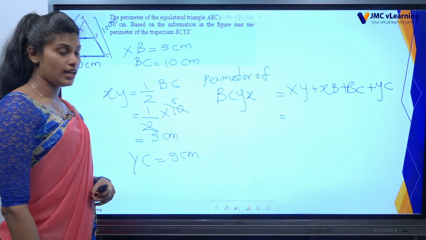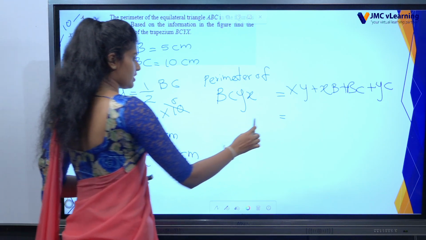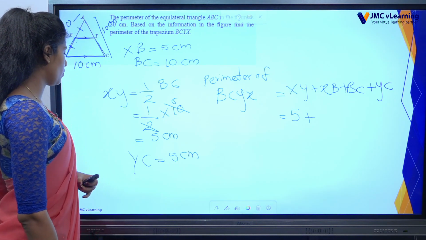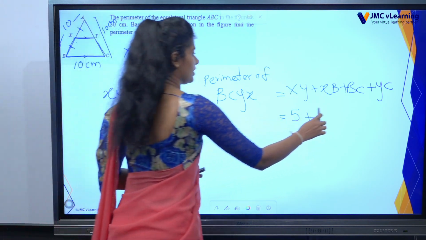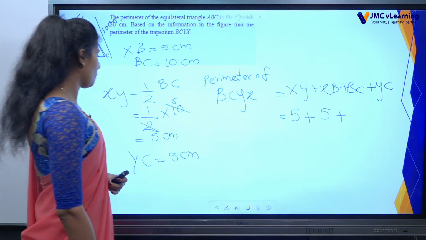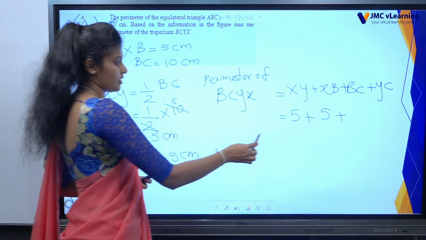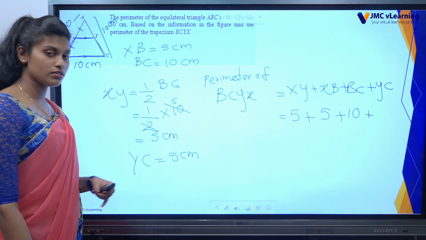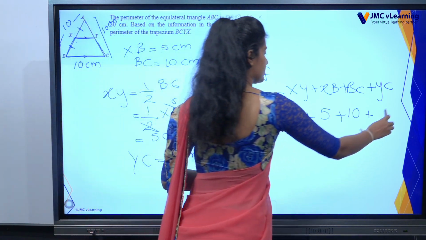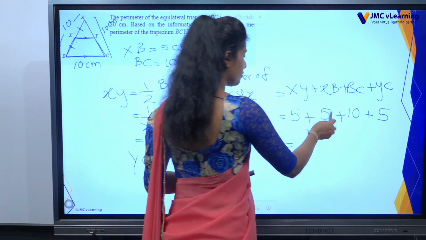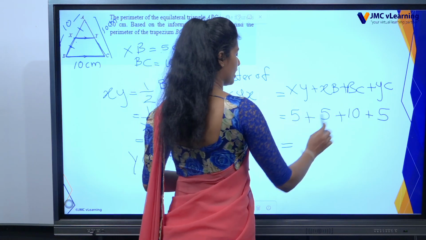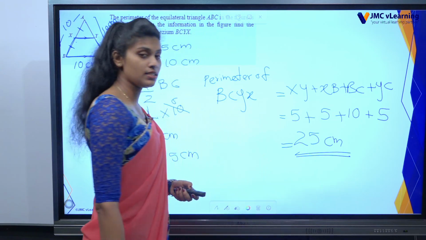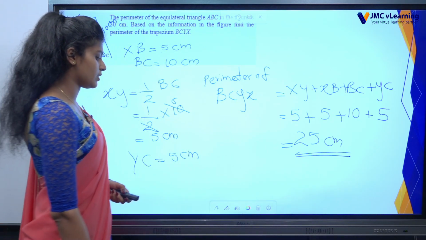Then what is the length of XY? 5 centimeter. What is the value of XB? 5 centimeter. Then BC length is 10 centimeter and YC length is also 5 centimeter. Let's add them. 5, 5, 10, add 10, 20, add 5, 25 centimeter. The perimeter is 25 centimeters.